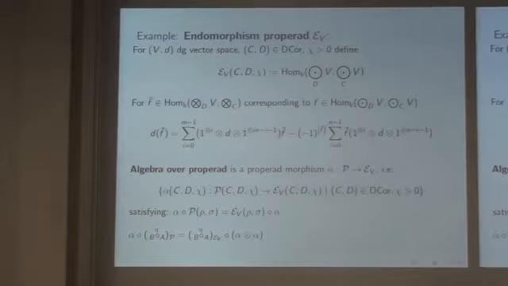And when you want to say what is an algebra over a properad, it's the same as with an algebra over an operad: you just make the evaluation of the properad in this endomorphism properad, satisfying some conditions of compatibility with the sigma actions and how it works with the composition.